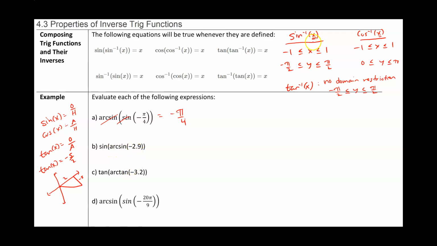Now remember, for arc sine, for inverse sine, this has to be between -1 and 1. -2.9 is not, therefore, this does not exist. Now for tangent, there is no domain restriction because tangent is opposite over adjacent, and the opposite side could be bigger than the adjacent side. That's totally fine. So tangent of arctan of -3.2 is just going to be -3.2.